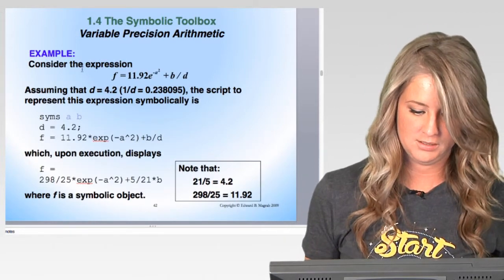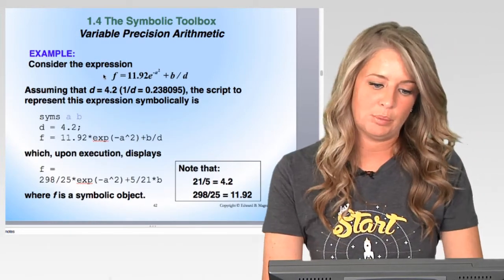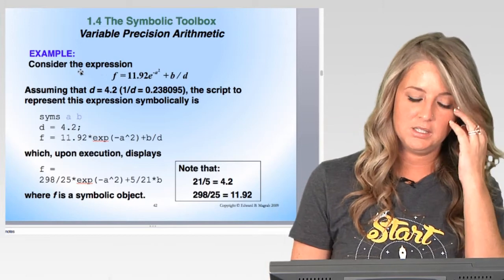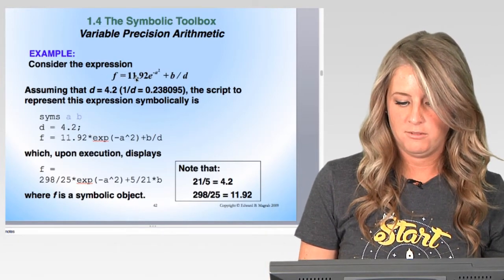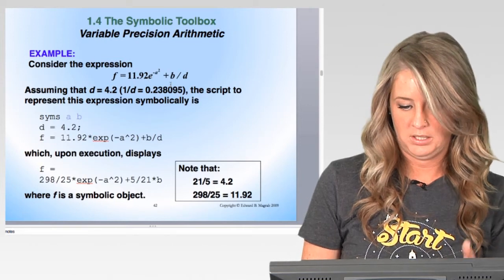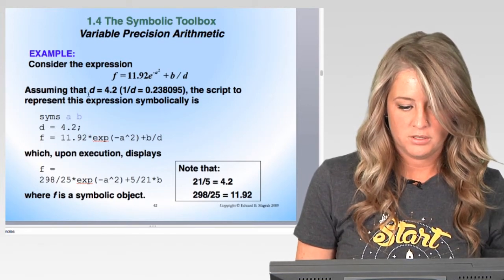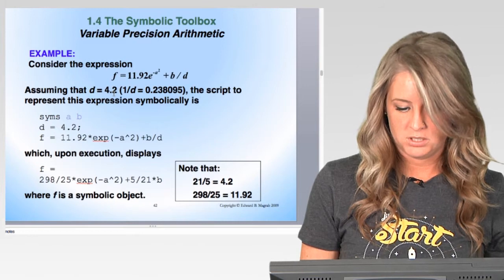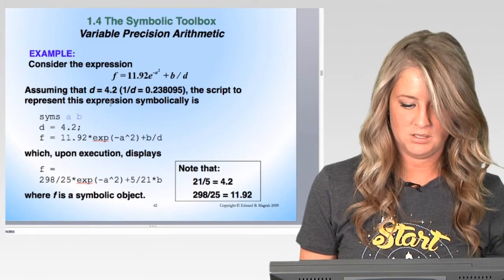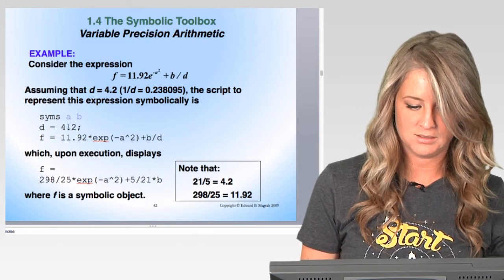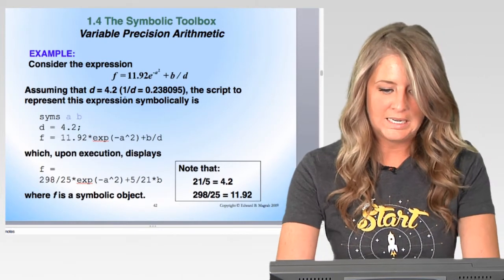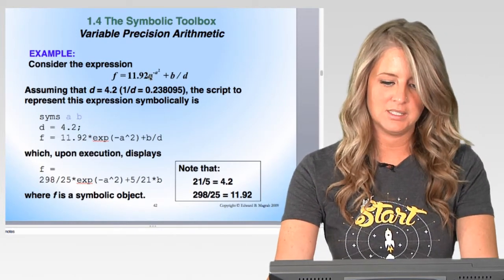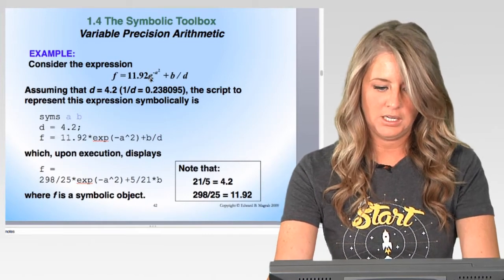So let's take an example just using some precision arithmetic. Let's say that we have this expression or this equation here. So we have f equals 11.92 e to the power blah blah blah. Assuming that d equals 4.2, the script to represent this expression symbolically is the following. One thing to note here again: e in this particular case is not a variable letter e.